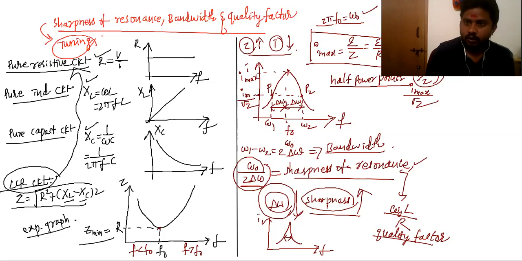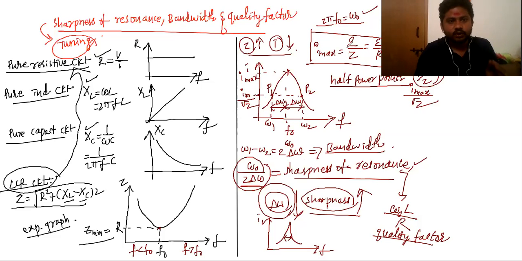So omega naught by 2 delta omega is equal to omega naught L by R. This is the concept of the LCR circuit, bandwidth and sharpness of resonance, all in detailed analysis.